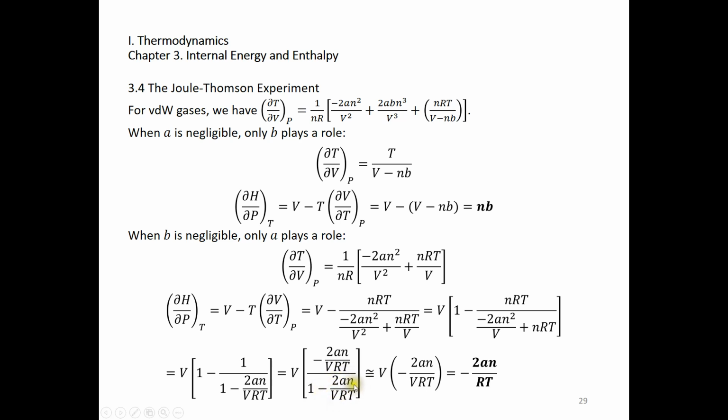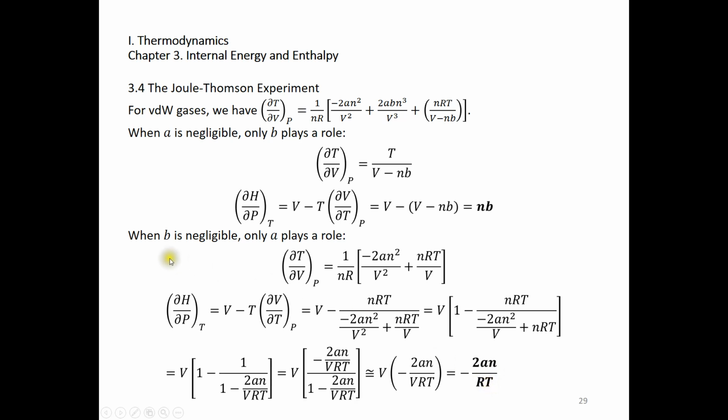For example, this can be 0.01. Then we make the approximation: 1 minus 0.01 is roughly 1, only because this 2an is usually much smaller than VRT. For that reason we can say this is roughly 1. We can have this expression. V and V cancel. We have negative 2anRT.